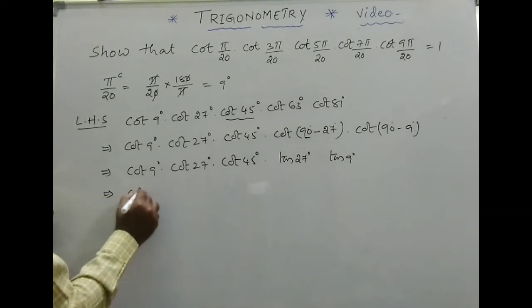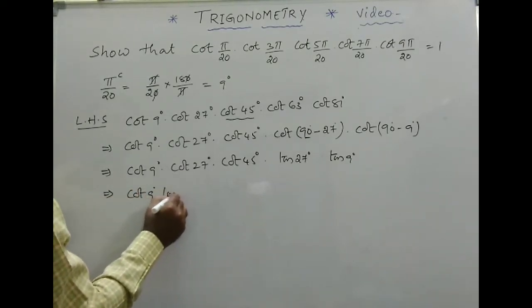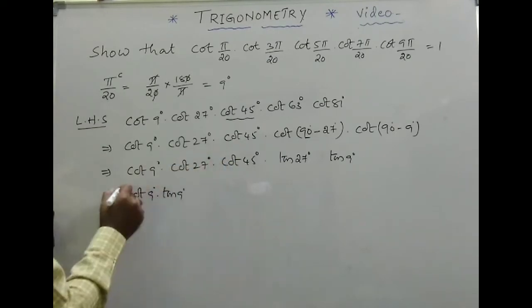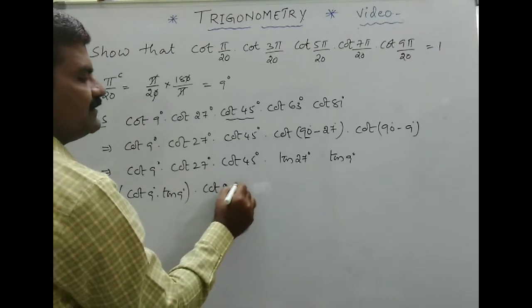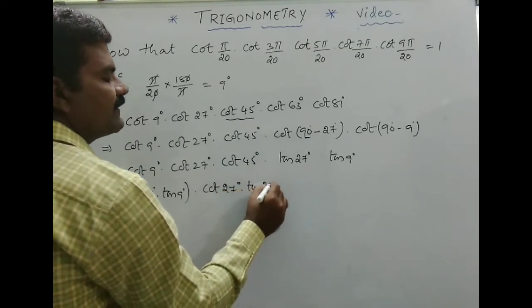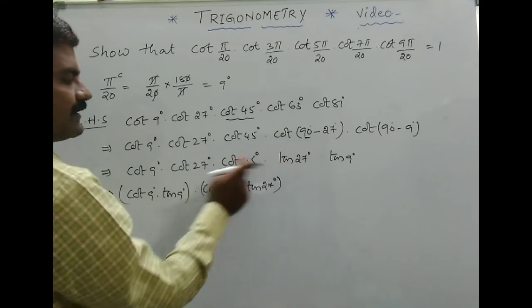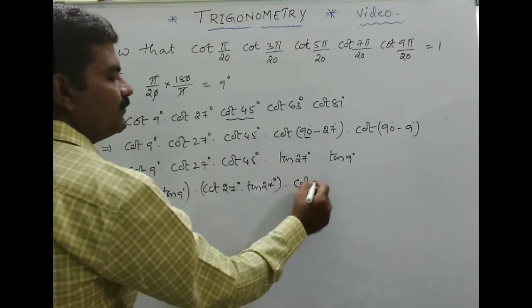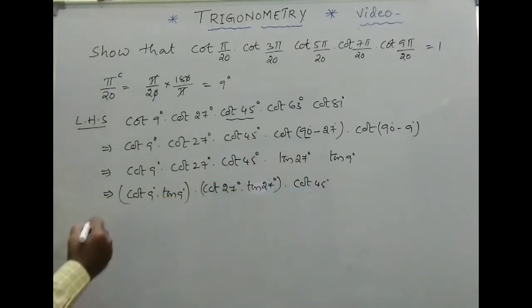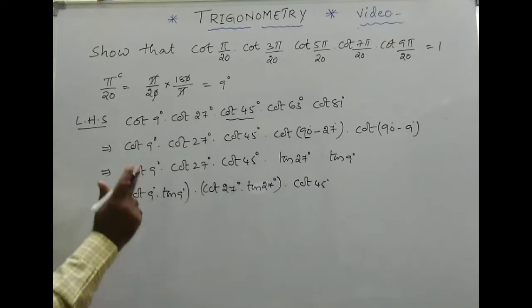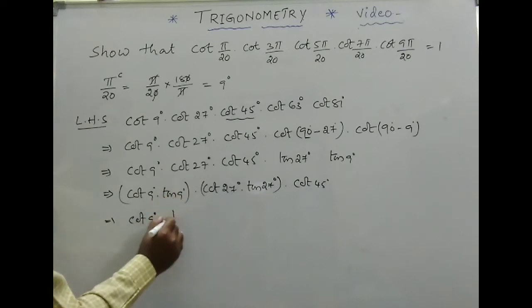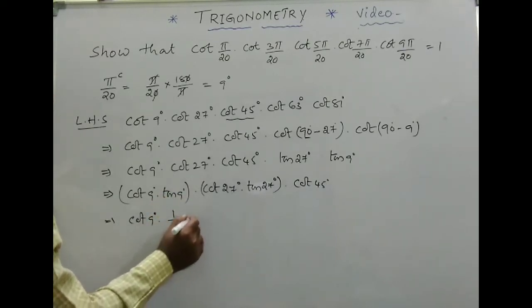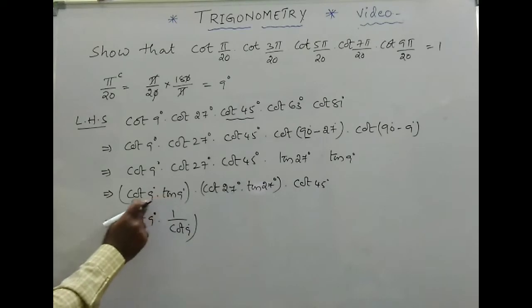Now I want to write tan 9 into cot 9 as a pair, first and last. And next cot 27 into tan 27 as the second pair, and at last cot 45 degrees. Now this product is equal to 1. Why? Because tan 9 degrees into cot 9 degrees, I can write it as 1 by cot 9 into cot 9. From next time onwards, remember that if both are reciprocals, then their product is 1.